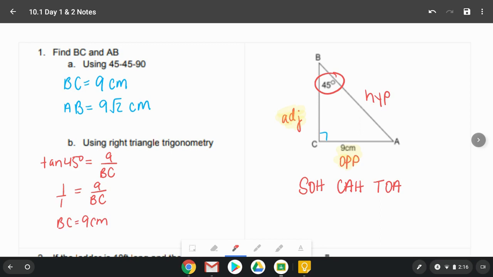Then for finding side AB, I'm going to do the same thing, except now I do need to change. Instead of looking for the adjacent side, I'm going to end up looking at the hypotenuse. So that is also going to change the trig ratio that I'm going to use to sine. So sine of 45 degrees is going to be the opposite, 9, over my hypotenuse, that's side AB. Well, sine of 45 degrees is the square root of 2 over 2.